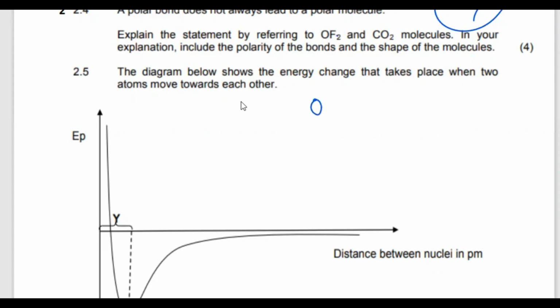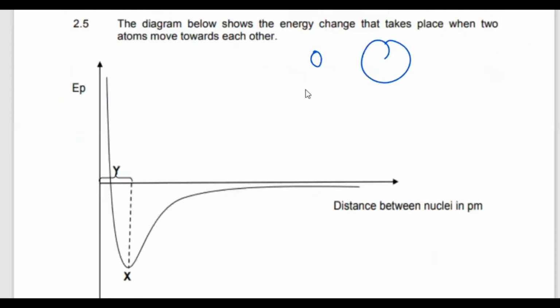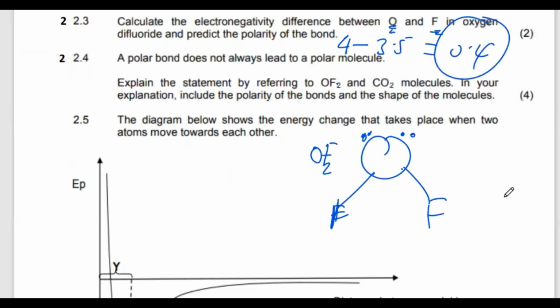Let me draw it like this. Because it has lone pairs, it's like that. So fluorine is going to be there, and then a fluorine. So basically it's going to be a bent, or what you call angular.